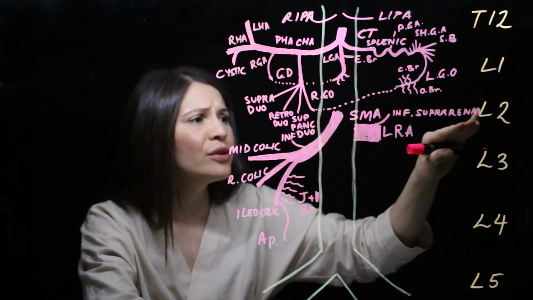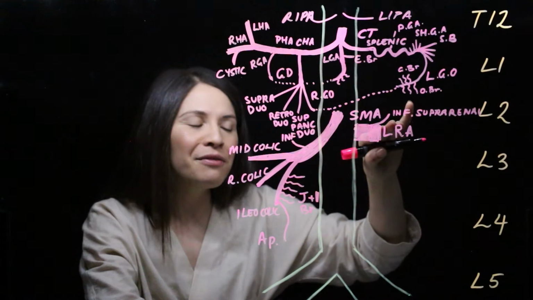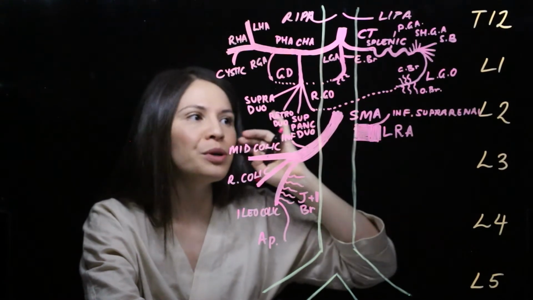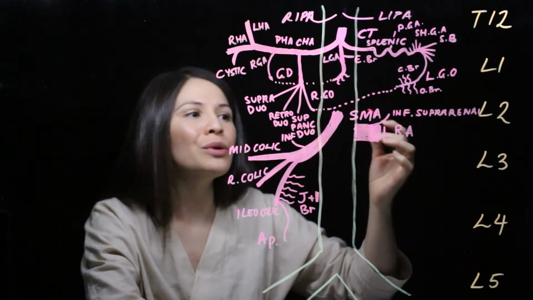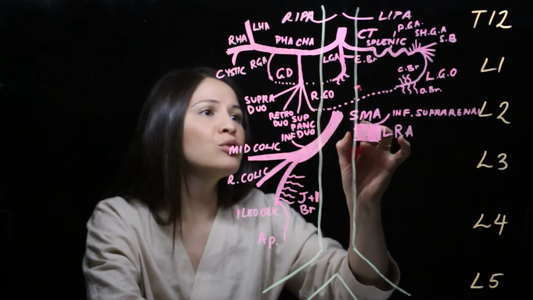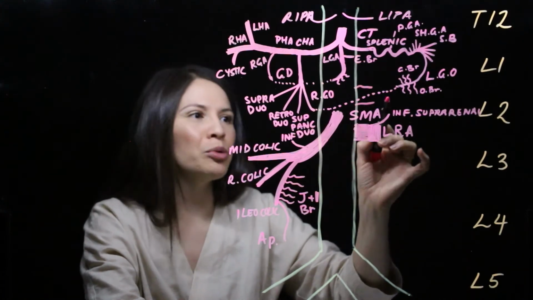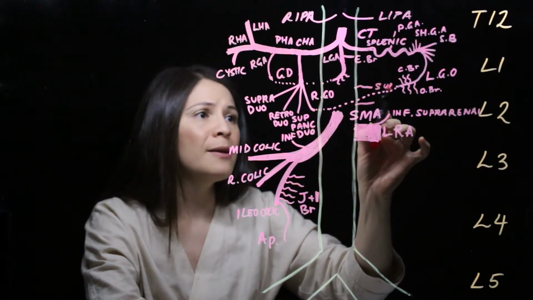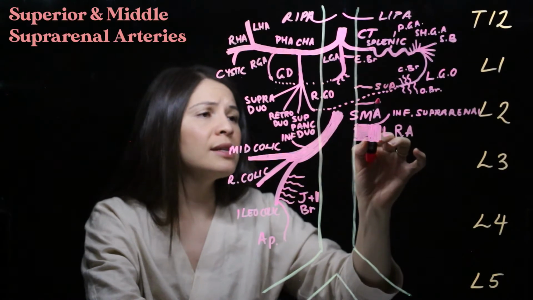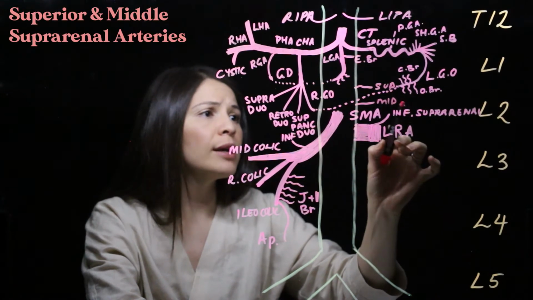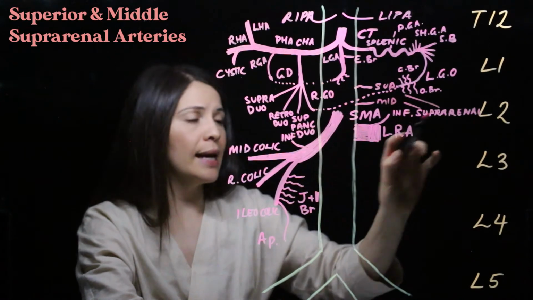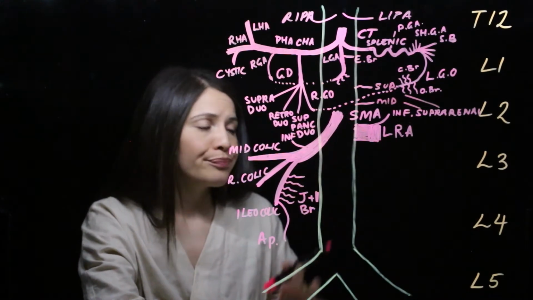So this is the inferior suprarenal, and since we have an inferior, we're actually going to have a superior suprarenal and also a middle suprarenal, and they come directly off the abdominal aorta. So that would be your superior suprarenal, and this would be your middle suprarenal. So just remember that they're connected to that name there.